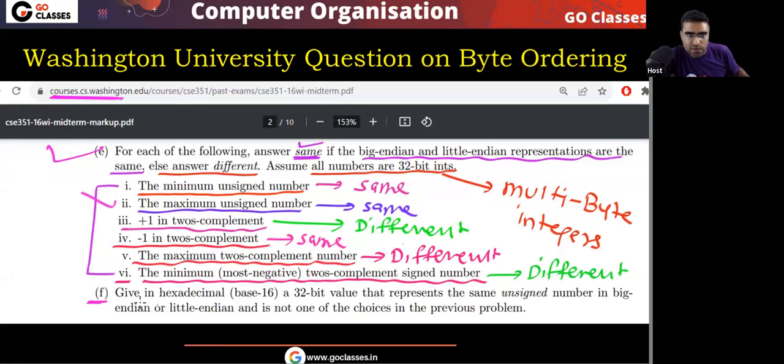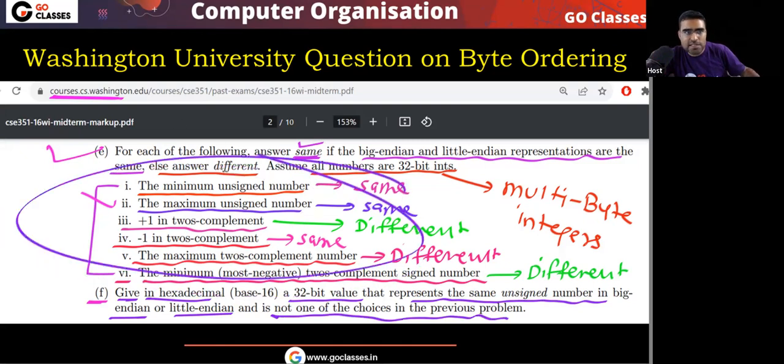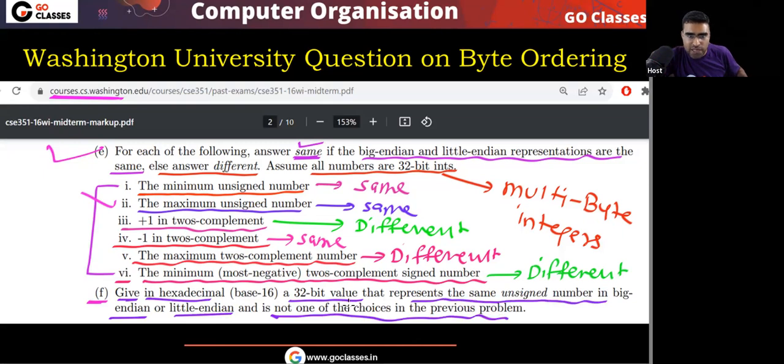The question number F. Give in hexadecimal a 32-bit value that represents the same unsigned number in big endian or little endian, other than those in the previous problems.